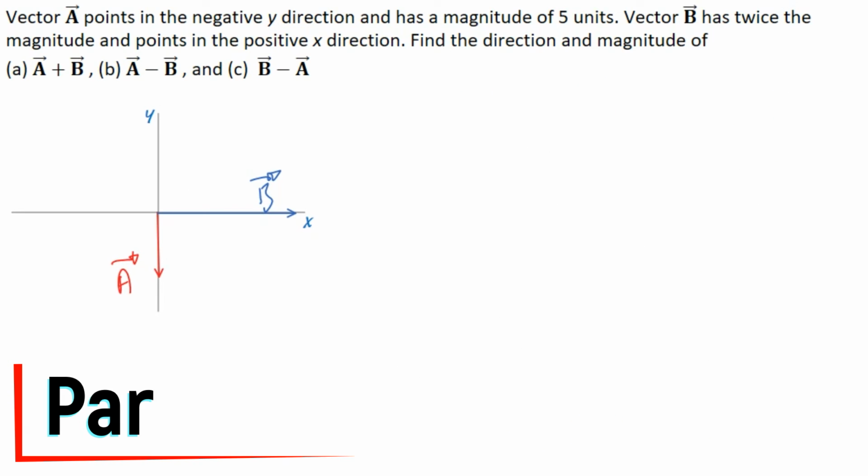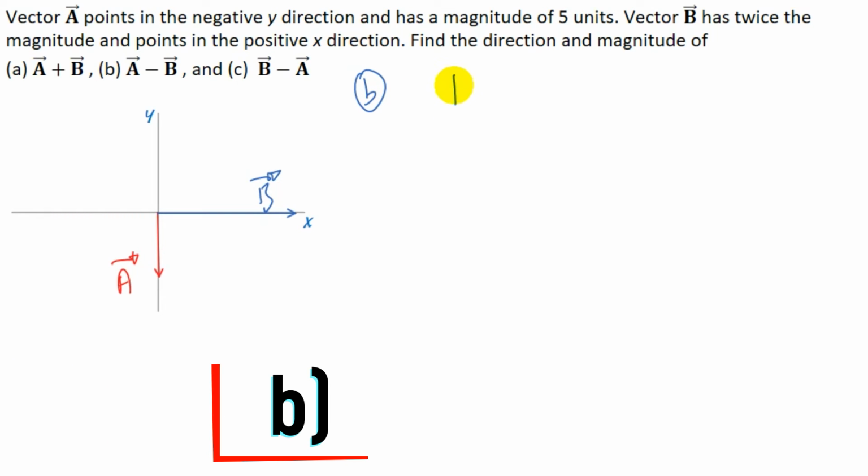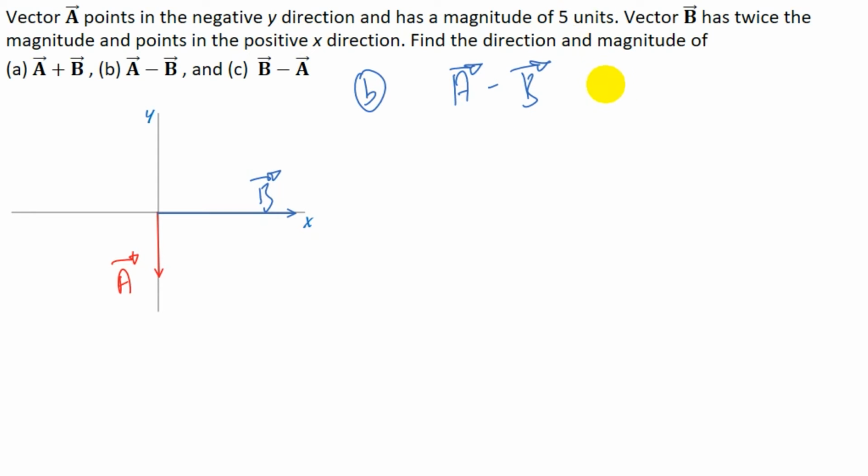Now in the B part we have to find the direction and the magnitude of vector A minus vector B. We can rewrite this as vector A plus negative of vector B, and we already know how to add 2 vectors. Now let me show you this vector addition graphically also, so you have a better understanding.